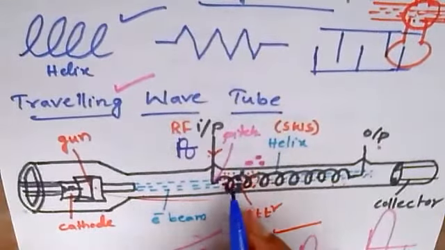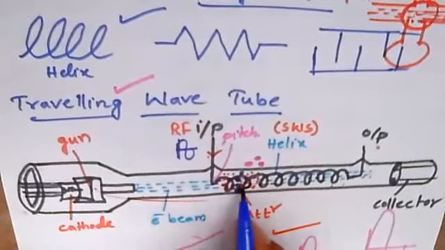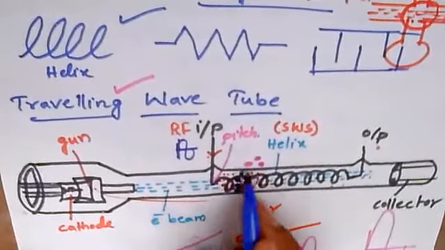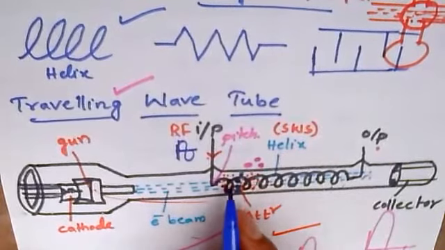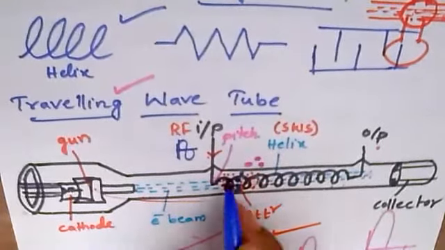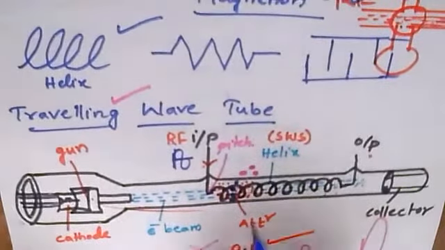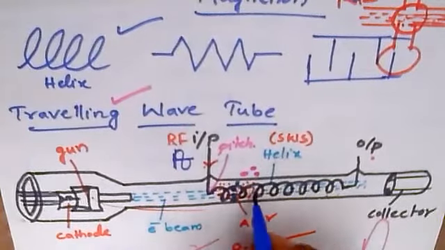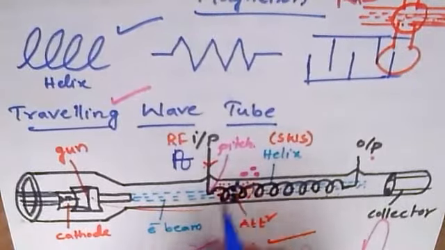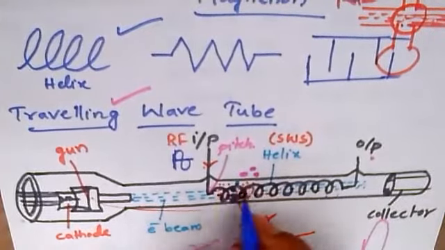It is found that at the initial stages some oscillations are developed. These oscillations, which cause disturbance to the amplification process, will be suppressed by the attenuator. A magnetic field will also be provided over here, which is responsible for avoiding the dispersion of the electron beam.